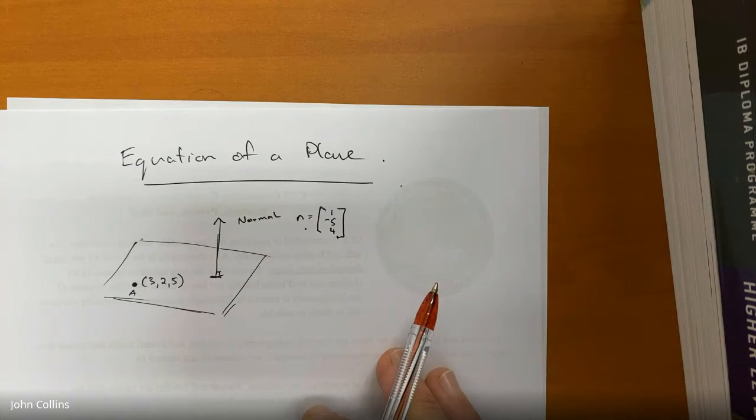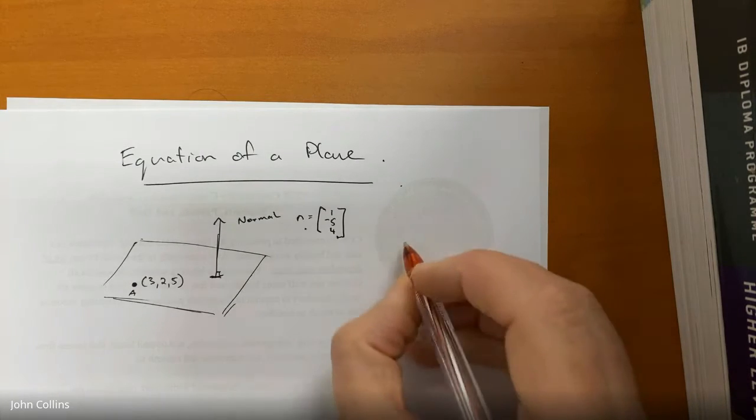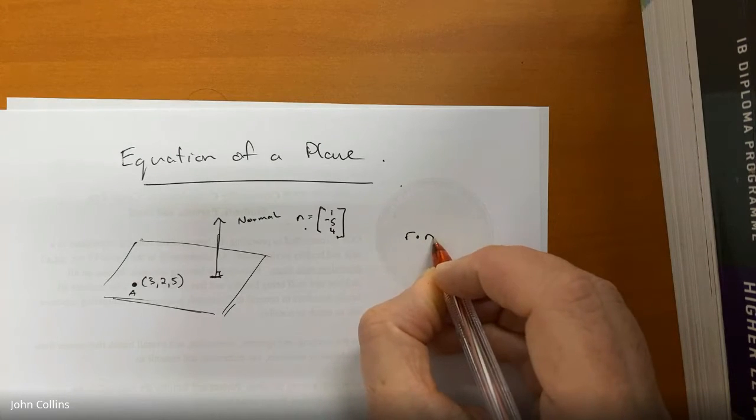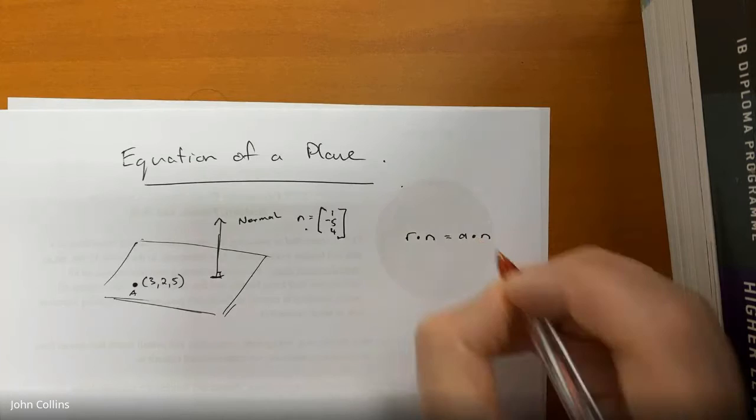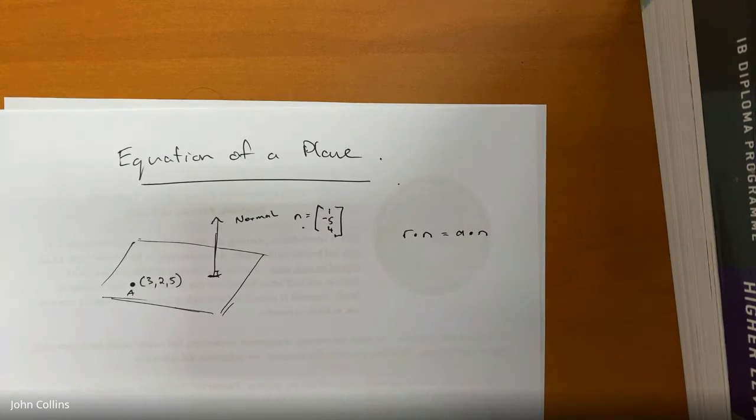For this, we're going to look at one of the formulas in the formula booklet. There's this thing, r dot n is equal to a dot n, which I don't think I went into much detail on the last time I did vectors, but we'll look at it now.